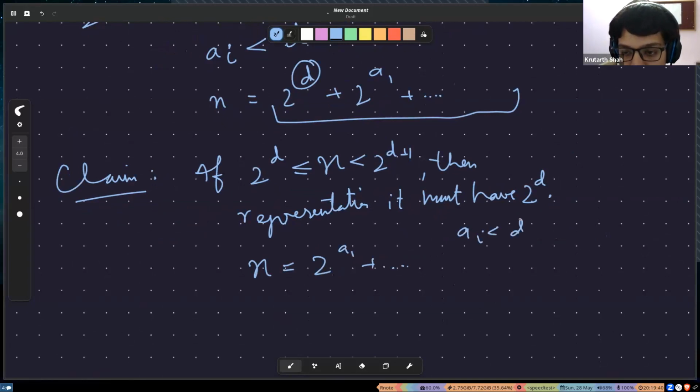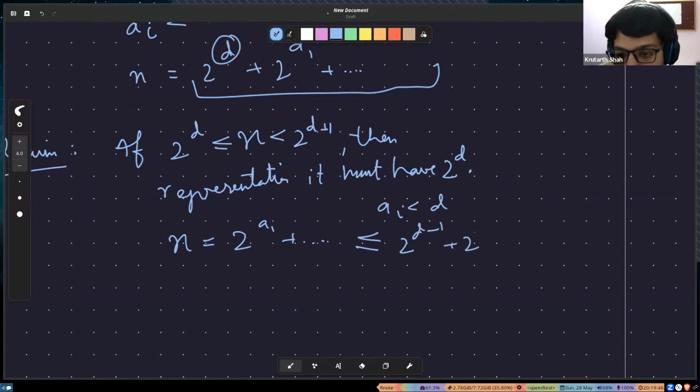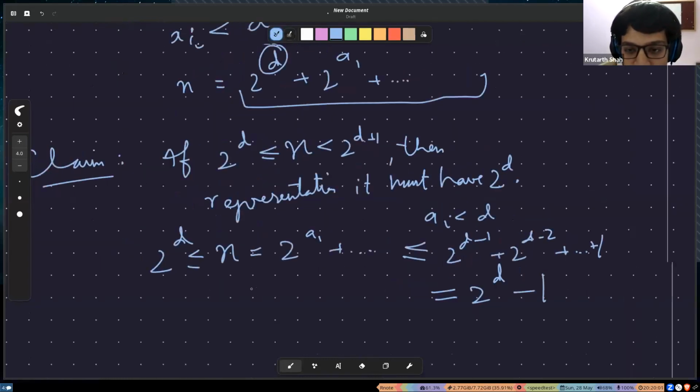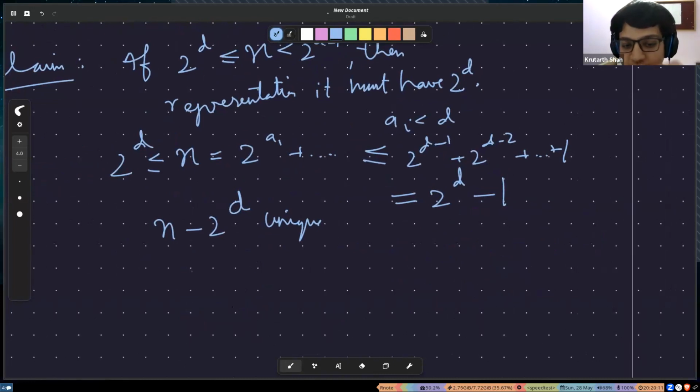So the maximum value it can have is 2 to the d minus 1, d minus 2, and so on till 1, which sums to 2 to the power of d minus 1. But we already know that n is at least 2 to the power of d. So this is a contradiction. So in the representation of n, there must be 2 to the power of d. And since the representation of n minus 2 to the power of d is unique, the representation of n becomes unique too, because it is the only possible way to reach n.